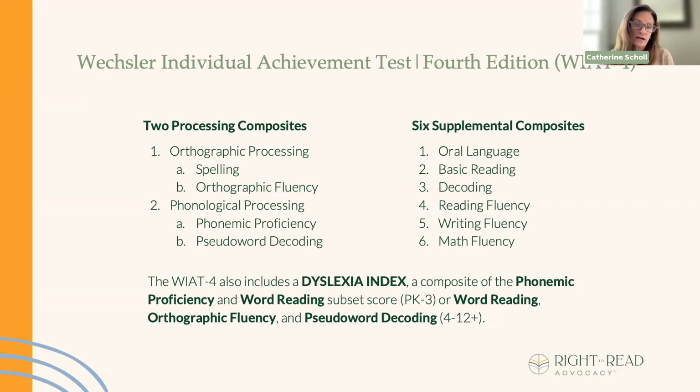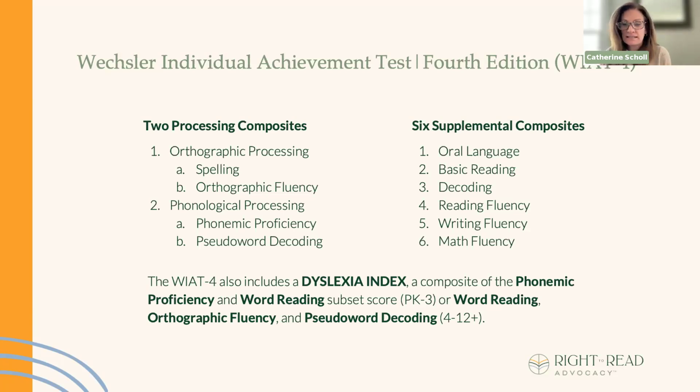We talked about the fact that the WIAT-4 does have the dyslexia index, which I love. It has its own little reporting sheet. It really gives a great report for the parent to read in very simple terms.